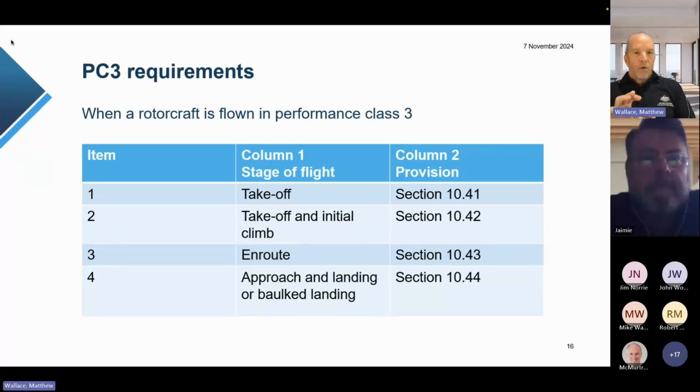So I'm going to just break down each of those stages. This is all coming out of the Part 133 MOS, Sections 10.41, 42, 43 and 44, okay? I don't want to read out exactly what that says, but that's where we're getting this information from.